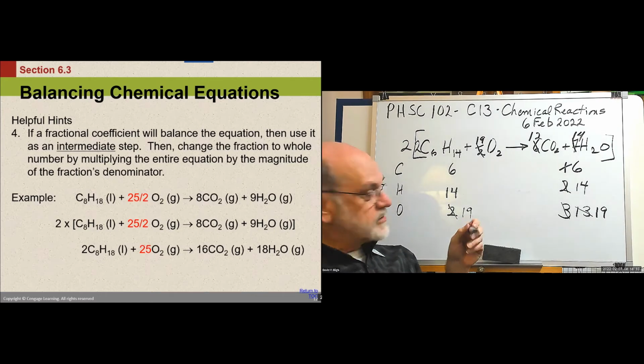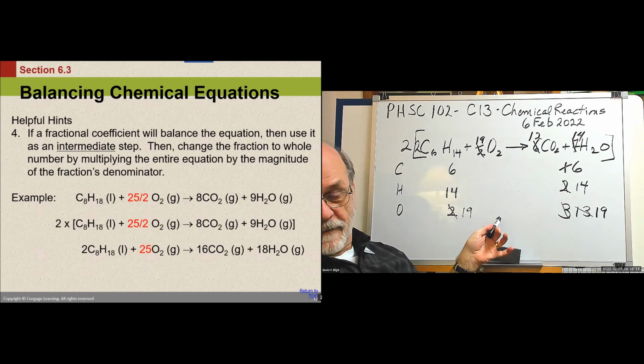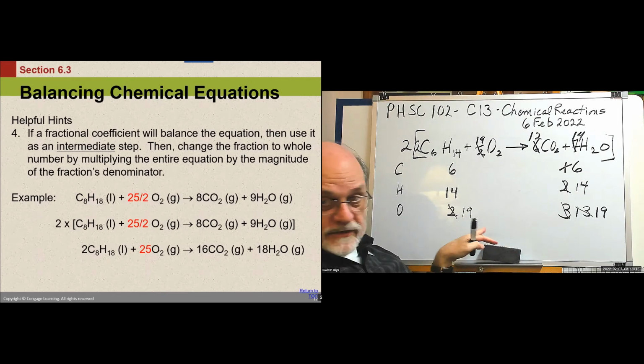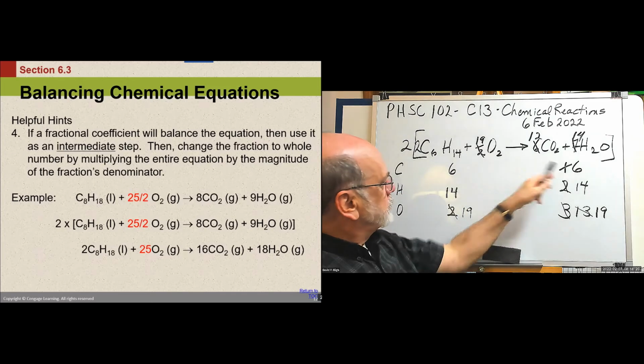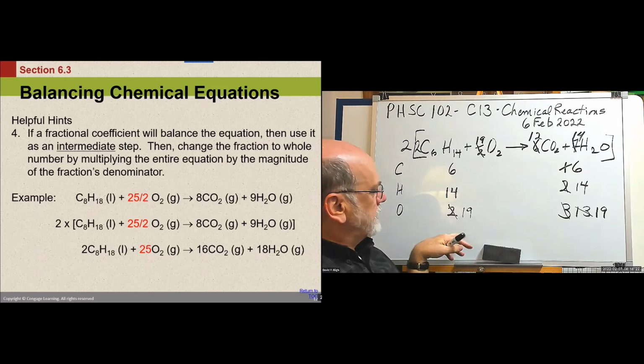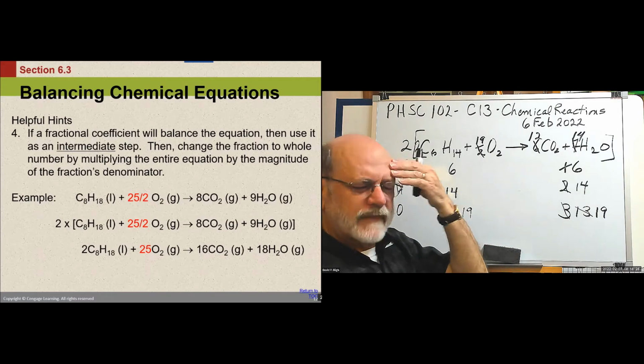So the balanced equation now, it was balanced before, that's still true, but now it would be 12 and 12, 28 and 28, 36 and 36, 38 and 38.